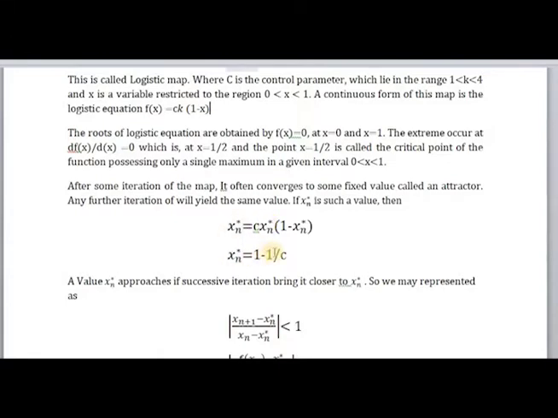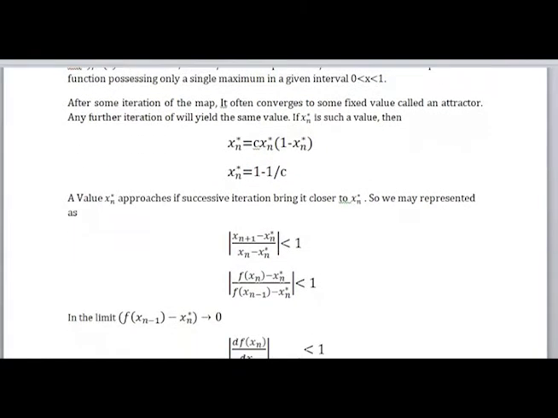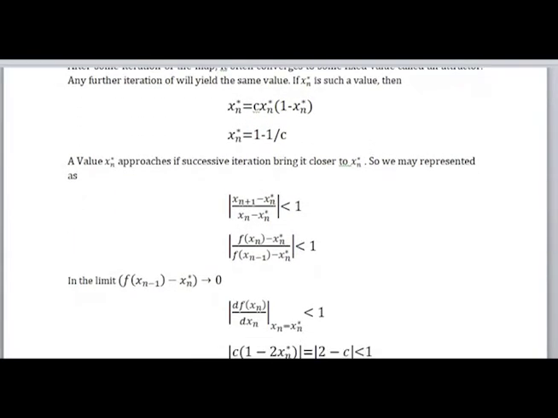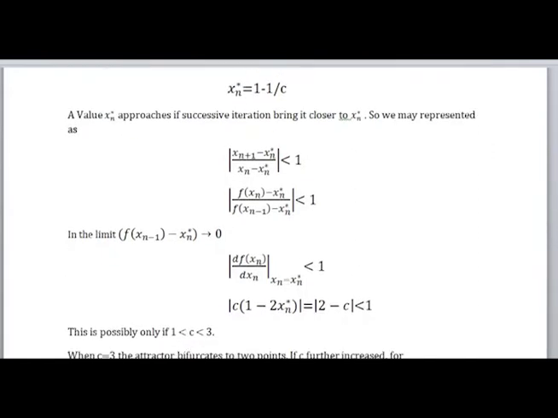And on substituting, you will get the value for the attractor for a given value of the control parameter, that is 1 minus 1 by c. And this is possible only in the case where the number of attractors is 1, that is up to 3. Then the situation changes.